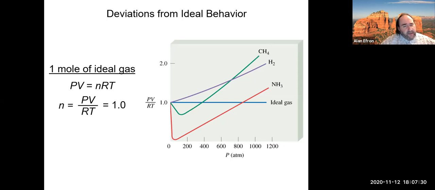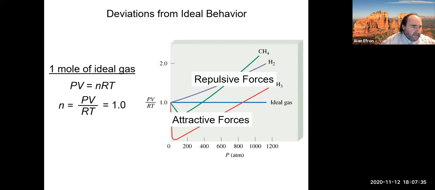We also assume that there are no attractive or repulsive forces between different gas molecules. In an ideal situation, if we solve the ideal gas law for n, we should end up with a ratio of 1.